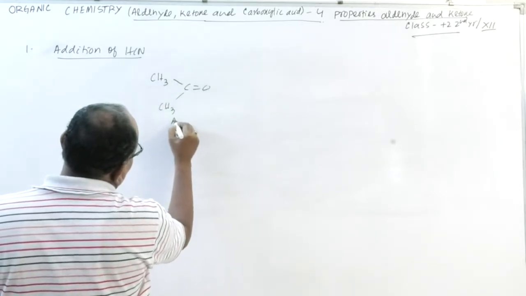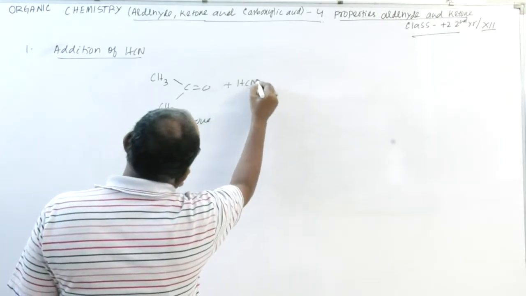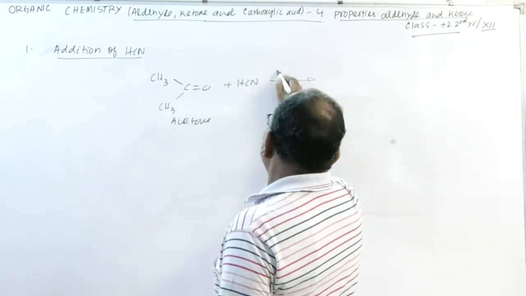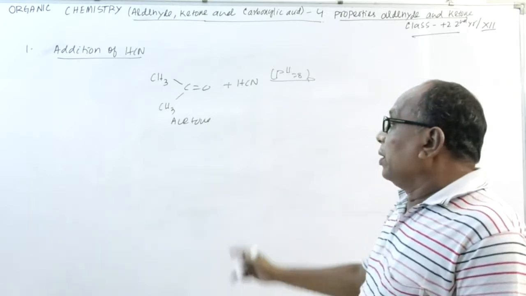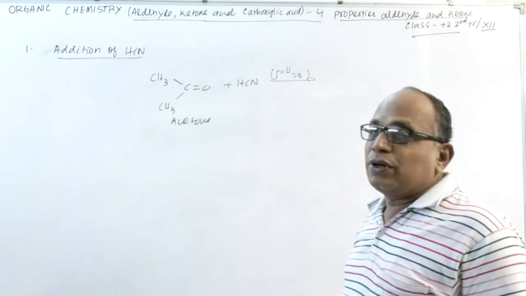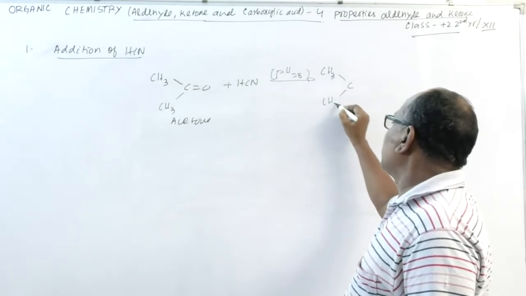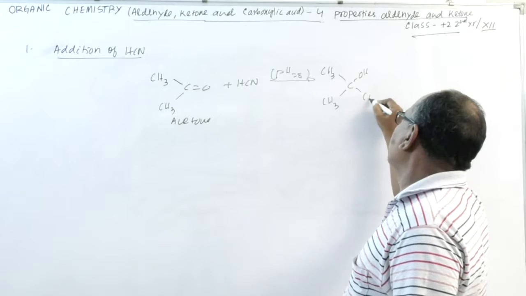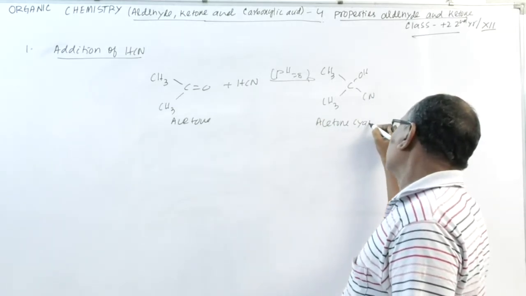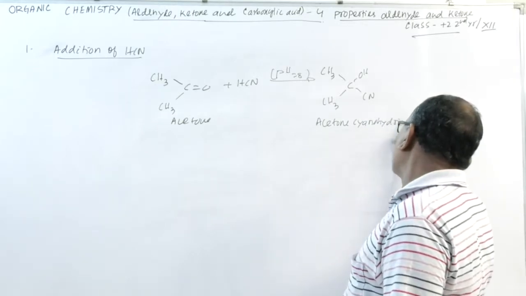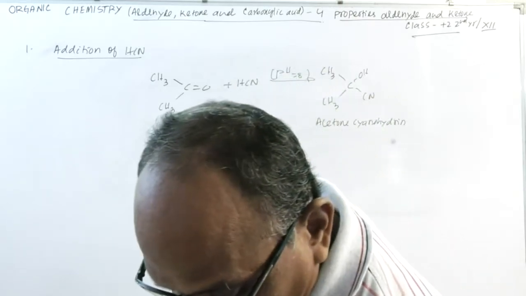This acetone, when it combines with a molecule of HCN at pH 8, a slightly alkaline medium, the HCN adds across this carbonyl group to form CH3C(OH)(CN)CH3. This is called acetone cyanohydrin. Acetone cyanohydrin.